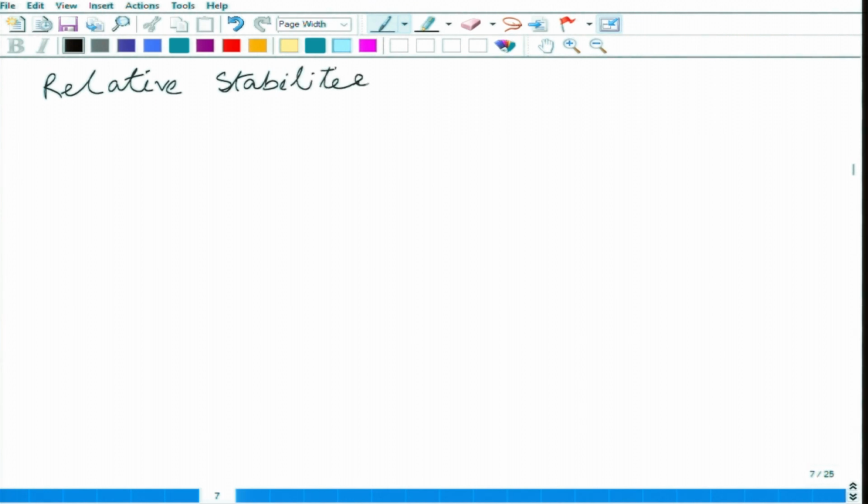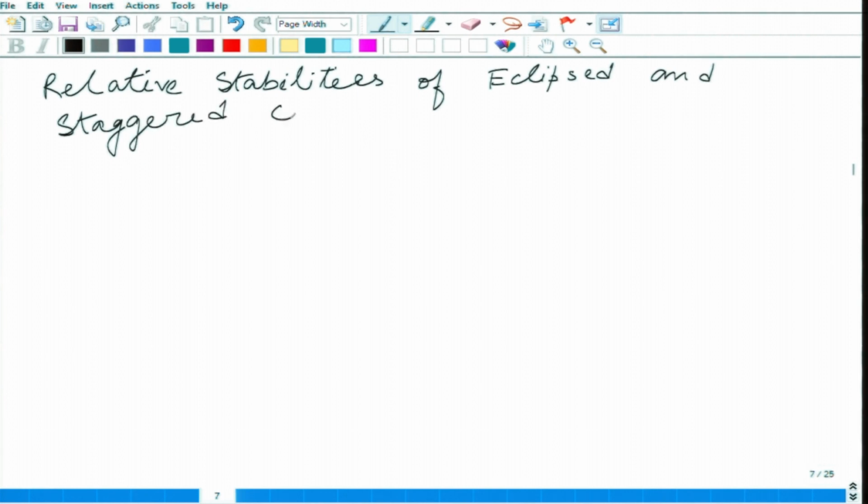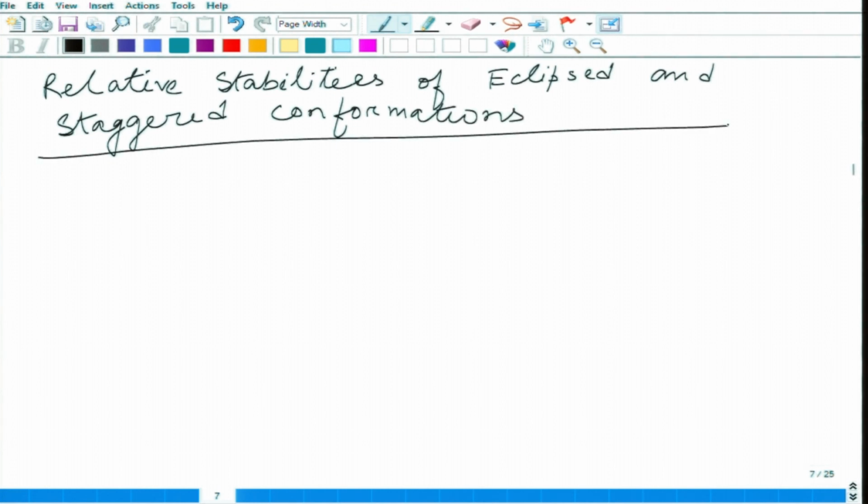Relative stabilities of eclipsed and staggered conformations. Okay.